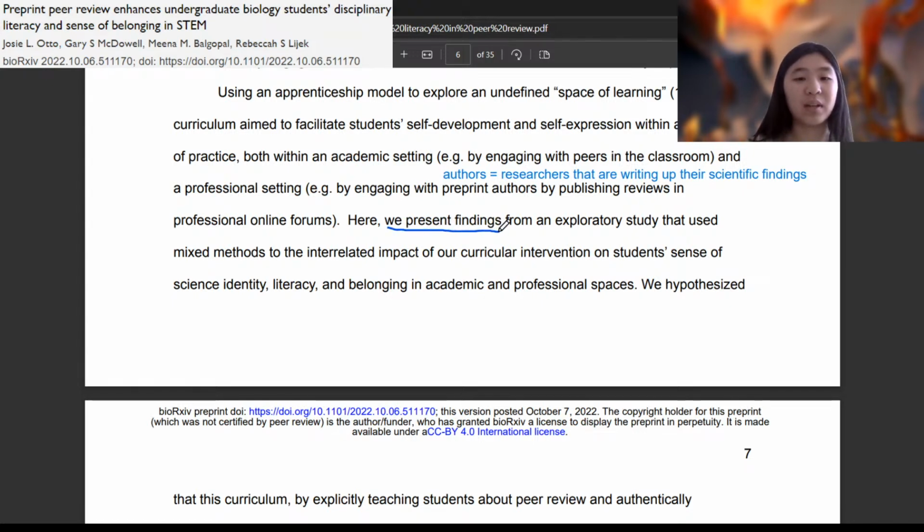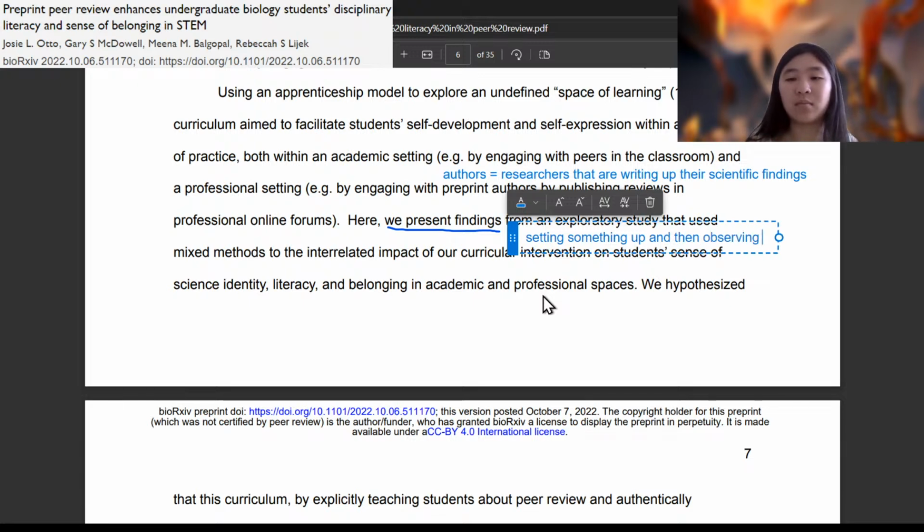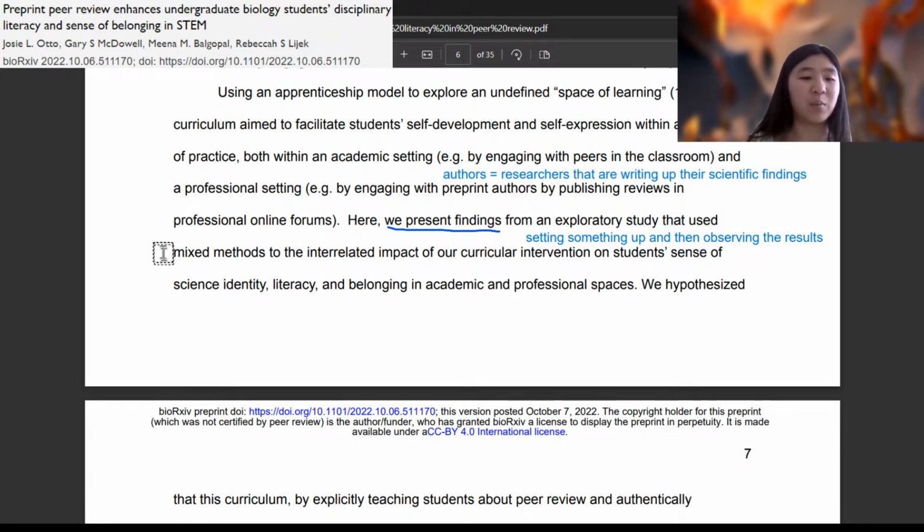An exploratory study is basically, I would consider that more an observational study, where you're not doing the typical control group and independent group and stuff like that. So basically you're just setting something out and watching it happen. That use mixed methods, or basically multiple methods.